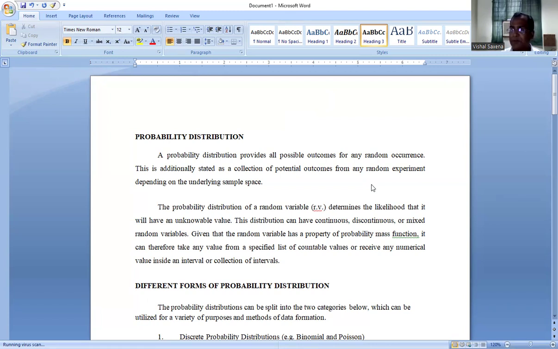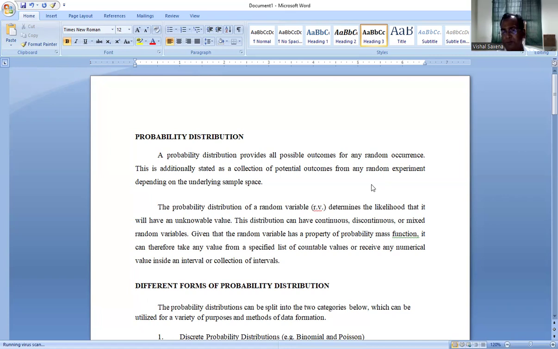So for a sample space, the probabilities for every possibility of a random variable is called a probability distribution.